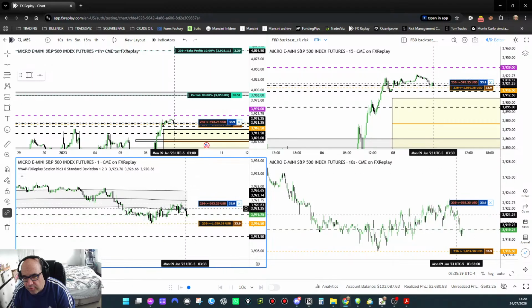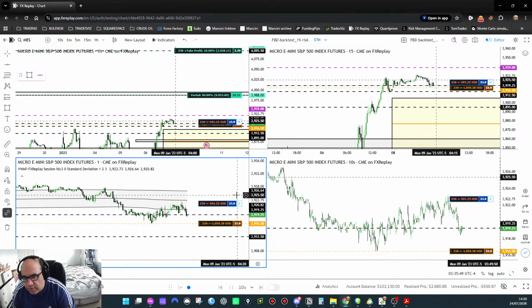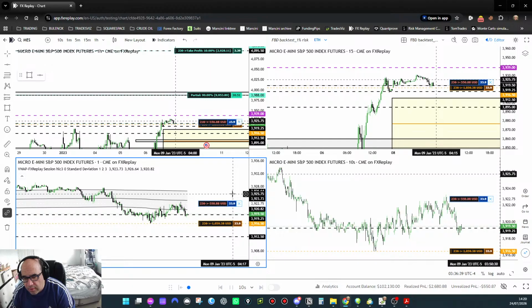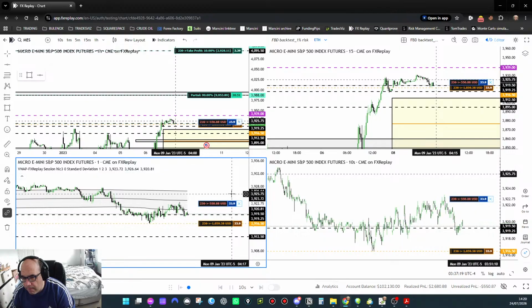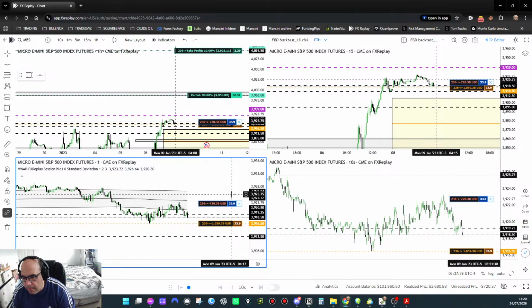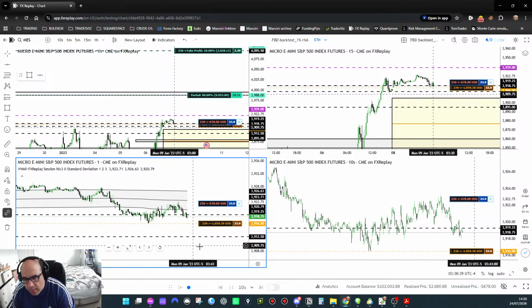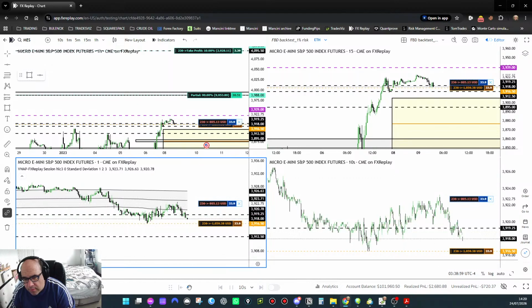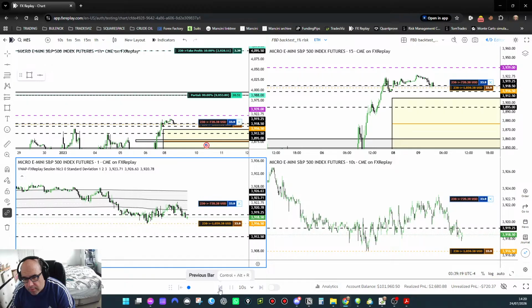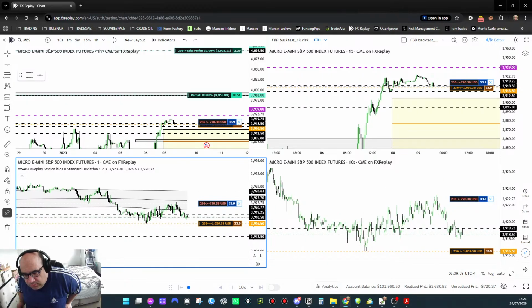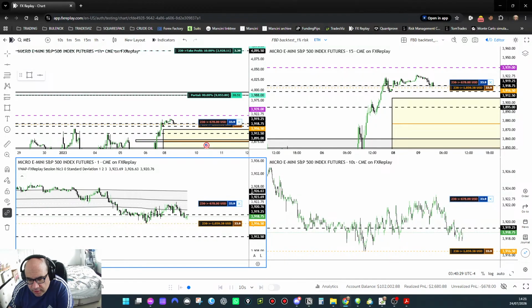It rejected from the DVA and going lower. Let's see if we're gonna hold. We'll be taken out, but let's see.